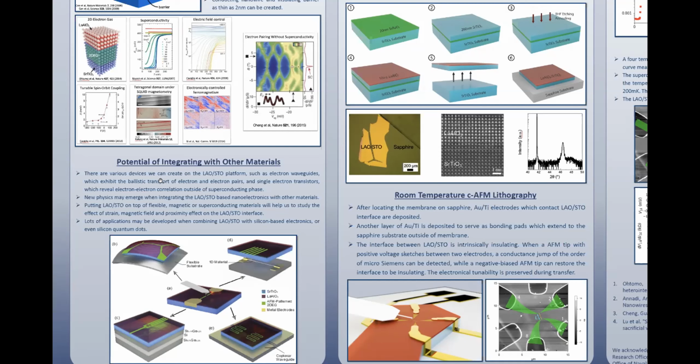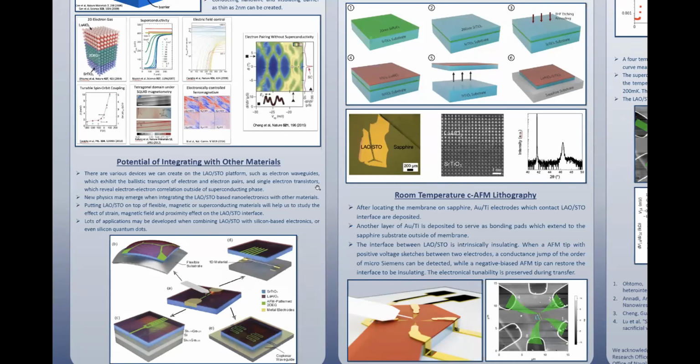And in the meantime, we keep asking how we can integrate LAO/STO with other materials to expand its utility, such as integration with flexible substrates or other low-dimensional materials or silicon architectures.